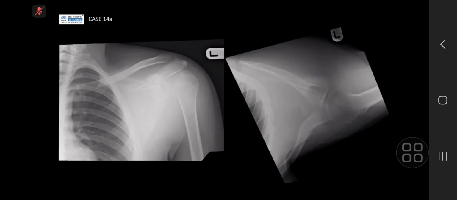The glenohumeral space is not well visualized, and an increased density is seen in that place. More of a soft tissue etiology I'm suspecting, and for further comment I would go for cross-sectional imaging.